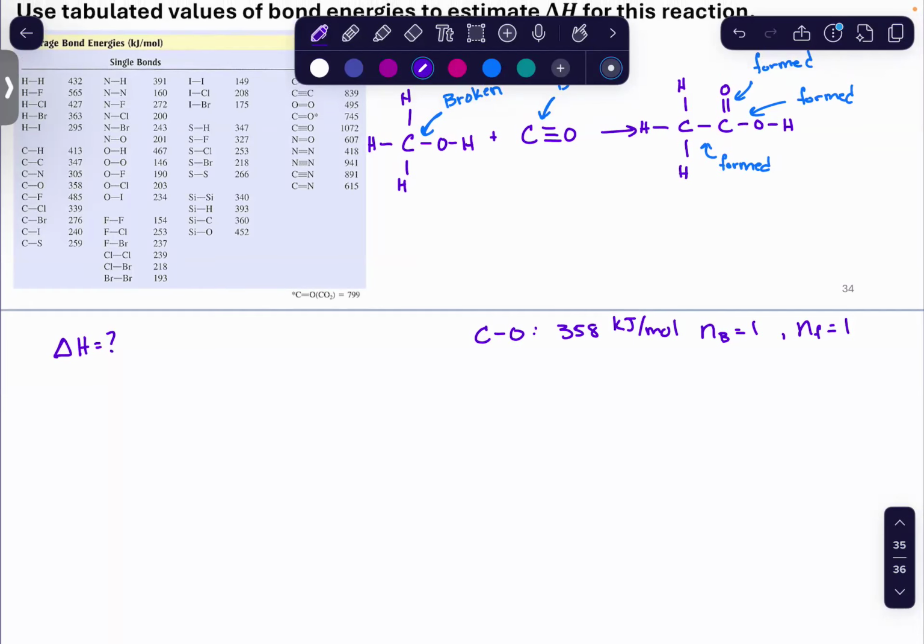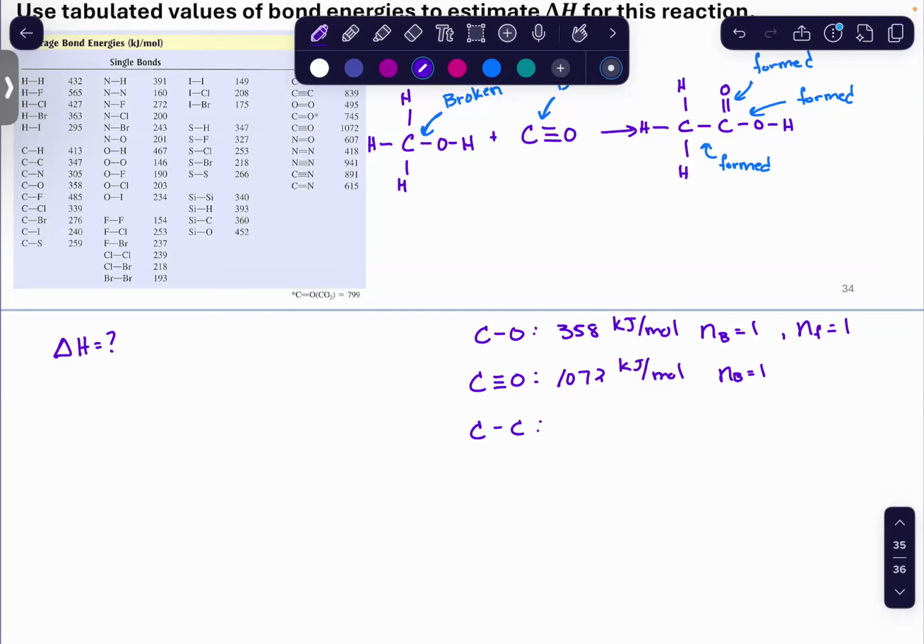My C-O triple bond is 1072 kilojoules per mole, and I have 1 mole broken.